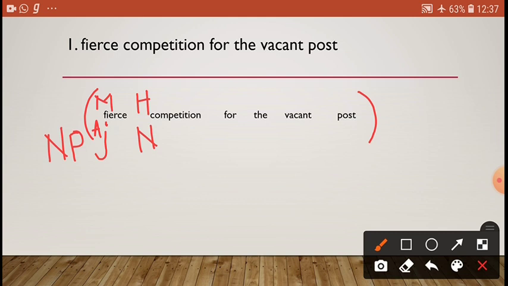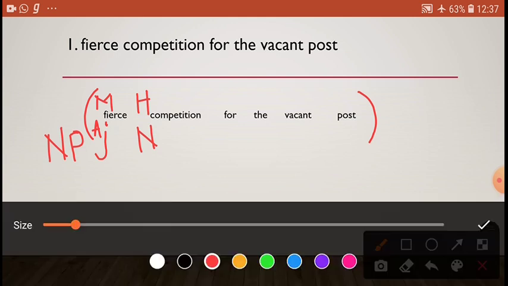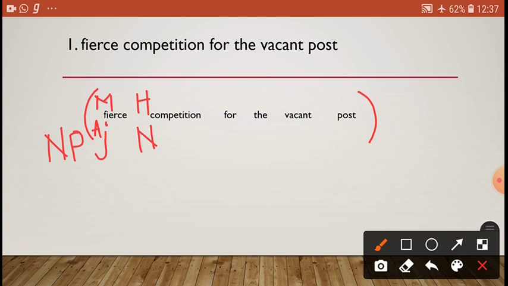Okay, modifier. Remember, the structure of a noun phrase is like this: modifier, and modifiers can be more than one, then head, and then modifier.